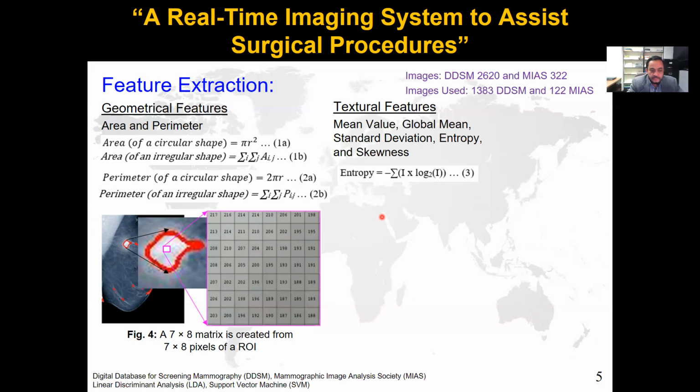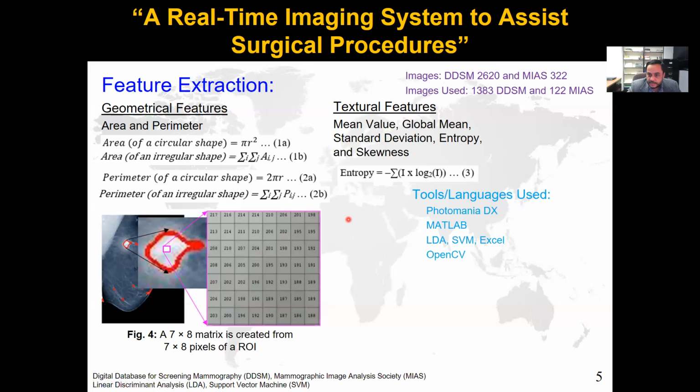Now, from Digital Database for Screening Mammography, DDSM, and Mammographic Image Analysis Society, MIAS, we use 1,383 DDSM images and 122 MIAS images in this study. We use several tools.